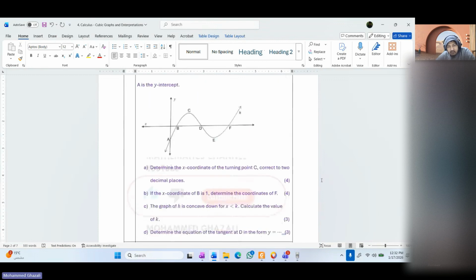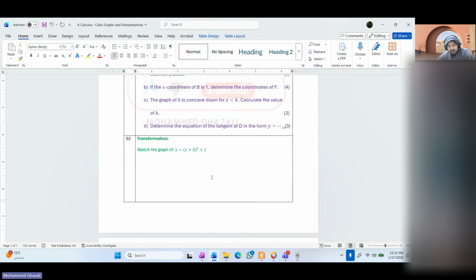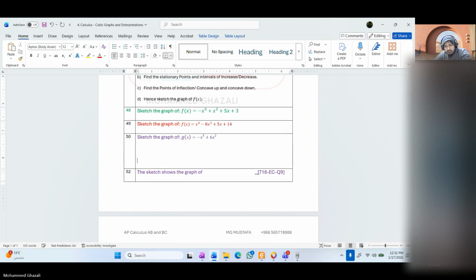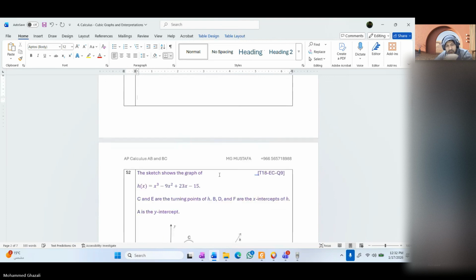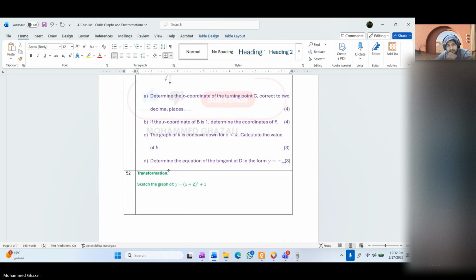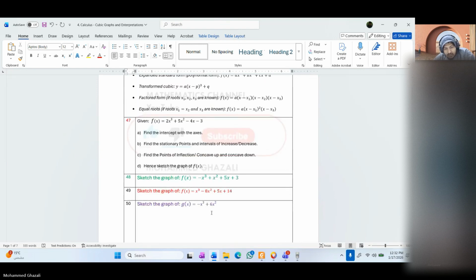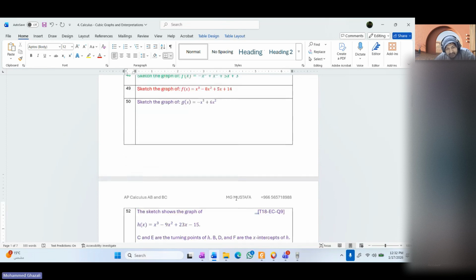Right, I had one more question on cubic functions. So I'm just going to change this to question number, make that 52. So we just did question 50, right?